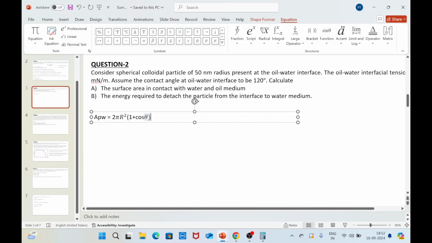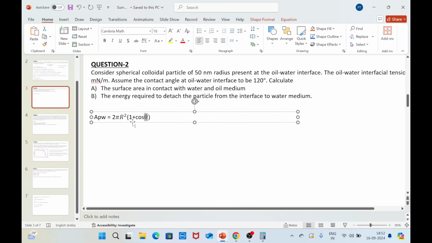So this is the expression for the area of the particle which is in contact with the water medium.